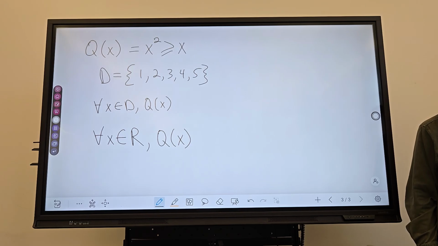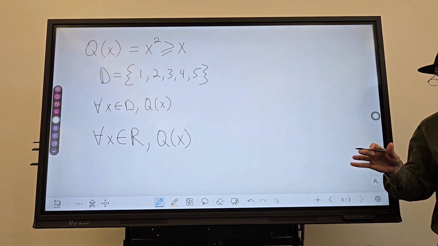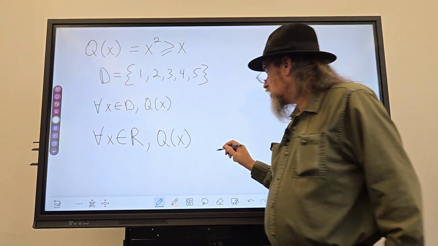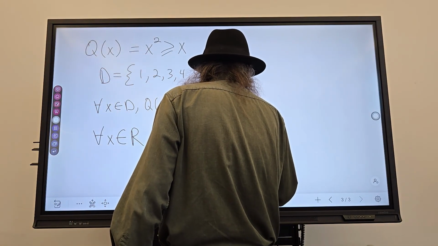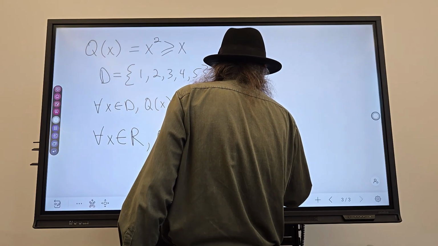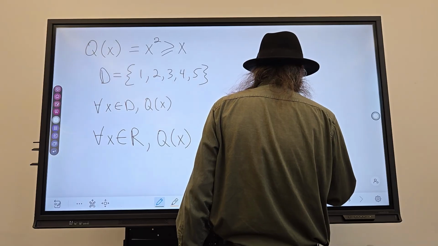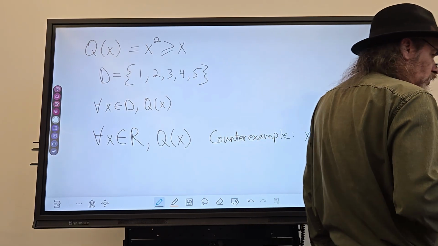No. x squared is not greater than or equal to x if x is 1/2. That's a counterexample. All you need is one to show that this is false. So you have the counterexample of 1/2.